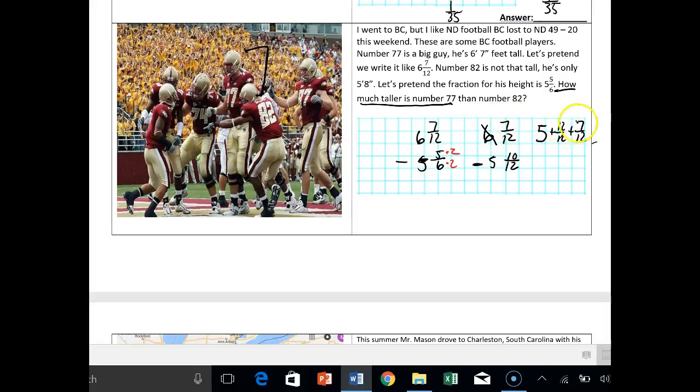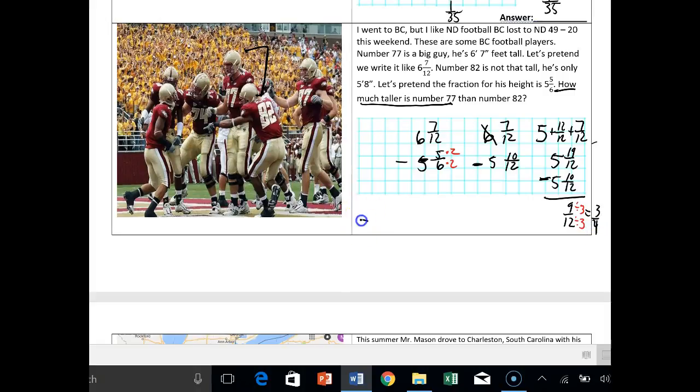And when I add these two together, since they have the same denominator, I get 5 and 19 over 12. That's an improper fraction, minus 5 and 10 over 12. And when I do that subtraction, I get 9 over 12, or if I simplify that, divide by 3, this player is 3/4 of a foot taller than number 82.